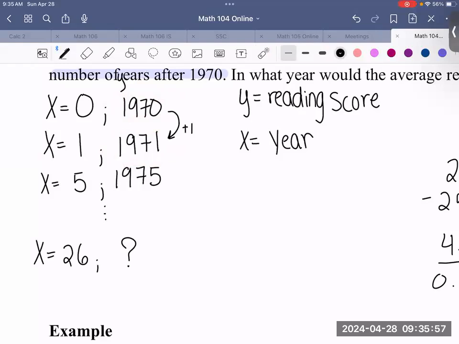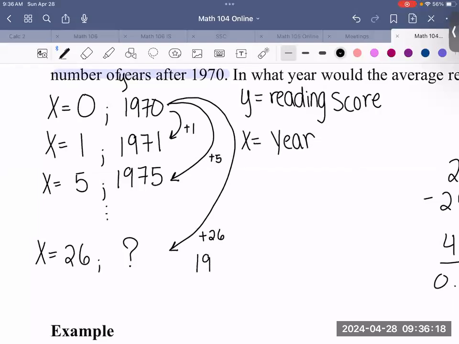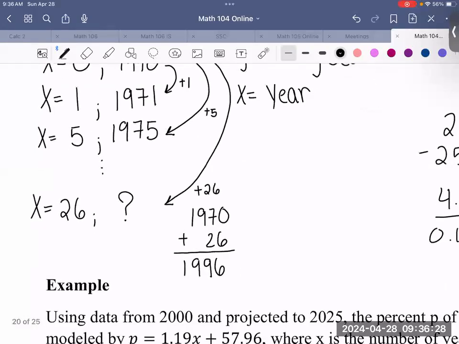Or from 1970 to 1975, we added 5. So if we need to go from 1970 to this next value, we should be adding 26. So 1970 plus 26 comes out to 1996. So in the year 1996, we achieved a score of 259.4.